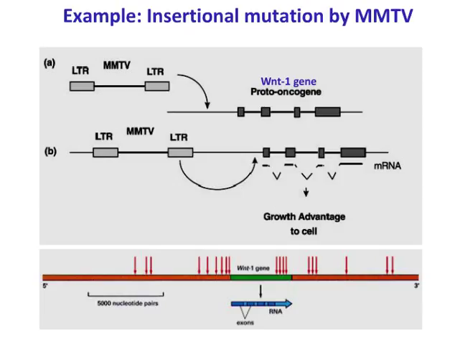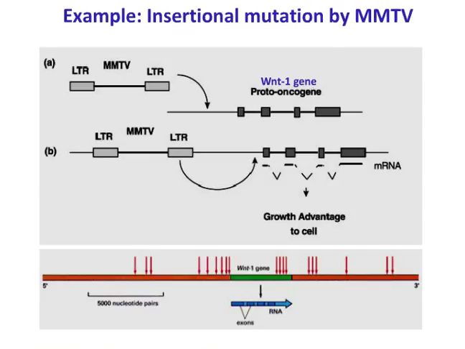An example of a slow-acting carcinogenic retrovirus is the mouse mammary tumor virus, or MMTV. Examination of mammary tumors in mice revealed that integration of the MMTV genome next to a proto-oncogene called Wnt1 leads to overexpression of the Wnt1 protein, which provided a growth advantage to those cells.